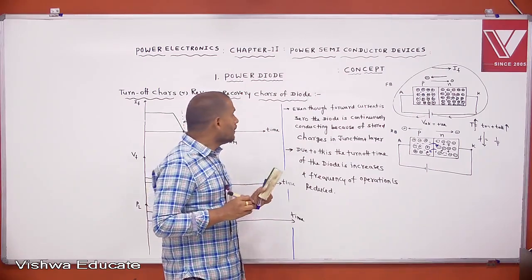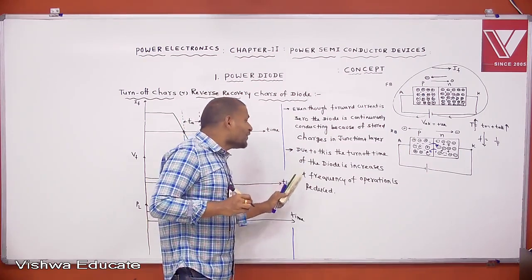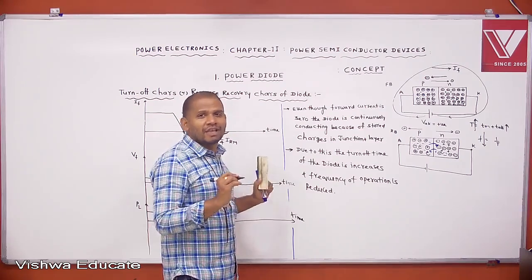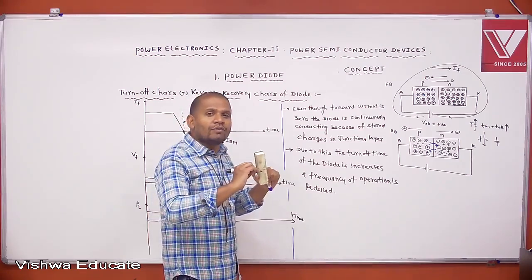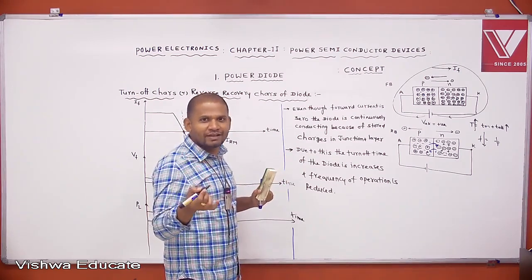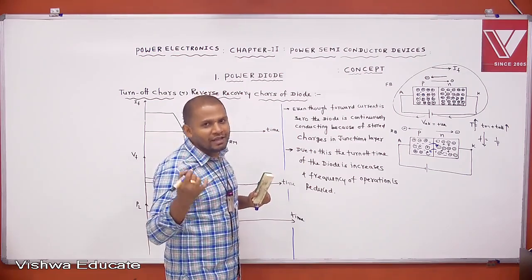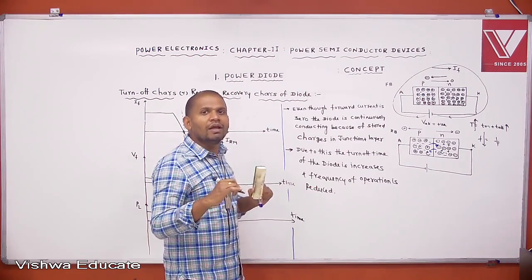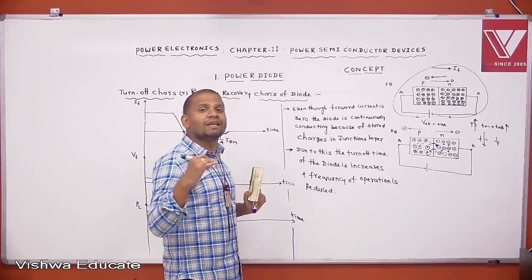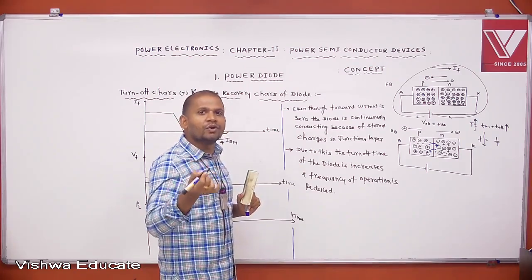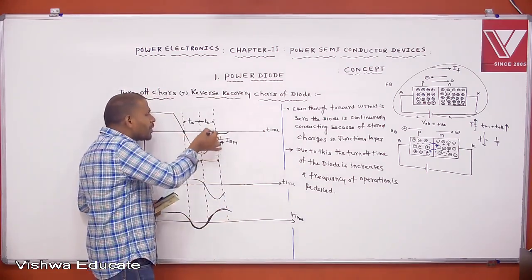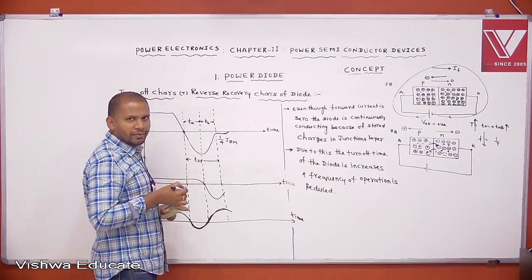Understood? The diode is perfectly turned off only when the total minority charge carriers, the total stored charge, is recombined. This process is the reverse recovery process.